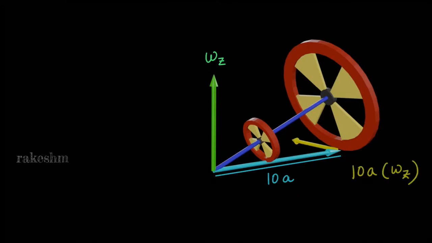So the velocity of this point on this assembly, if we consider only the rotation about the z-axis, will be 10a times omega z, which I am representing by this vector here. Let us have a look at the schematic.